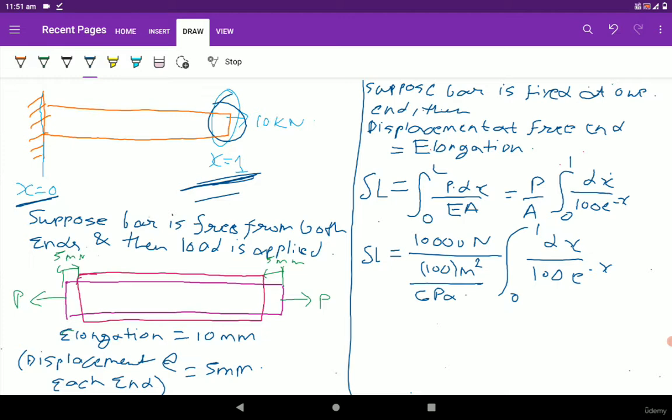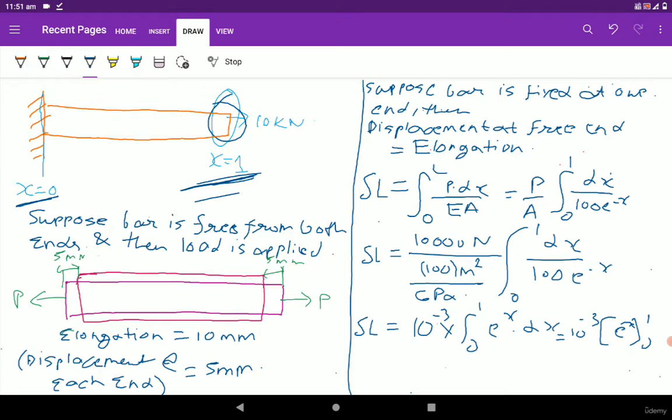So delta L is equal to 10 power MPa upon GPa, that will be 10 power minus 3, integral 0 to 1 e power x dx.